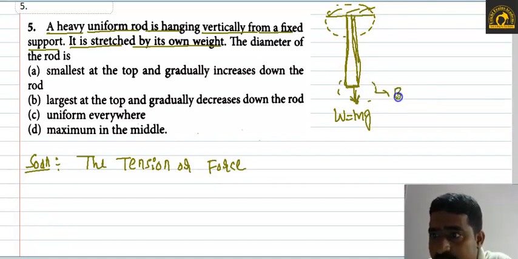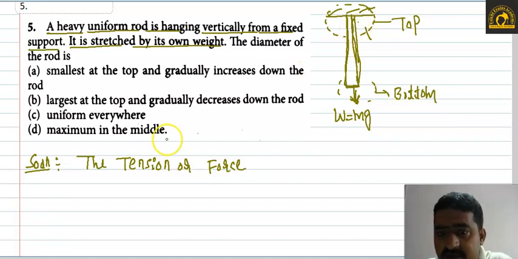This is the bottom, this is the top. So heavy force or heavy tension is here, because the whole load, the whole mass of the object, is suspended from the top.